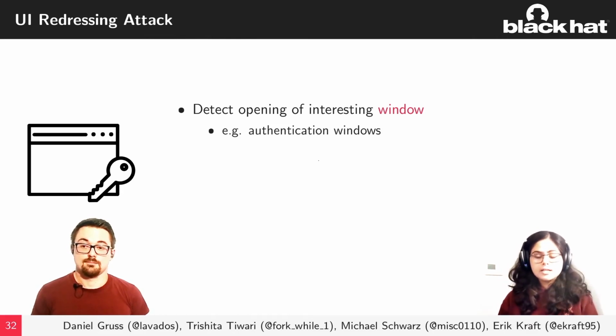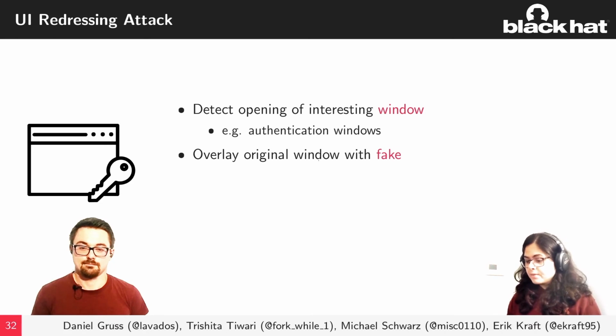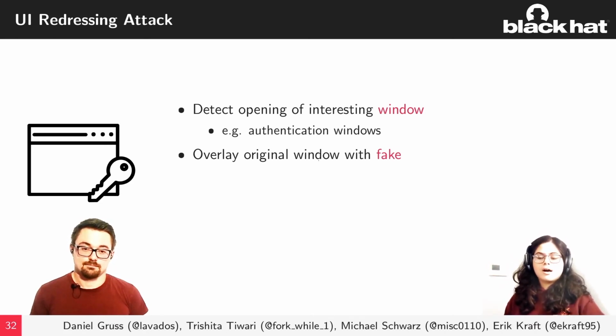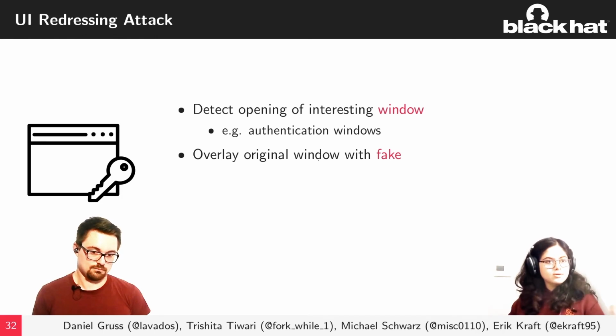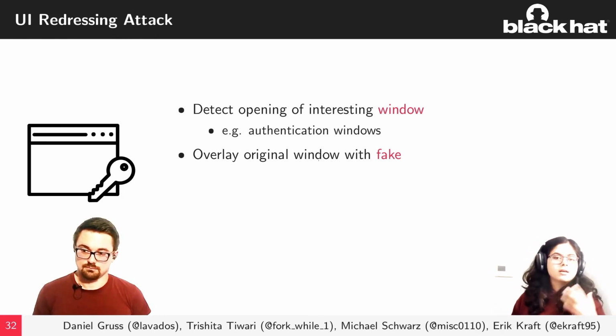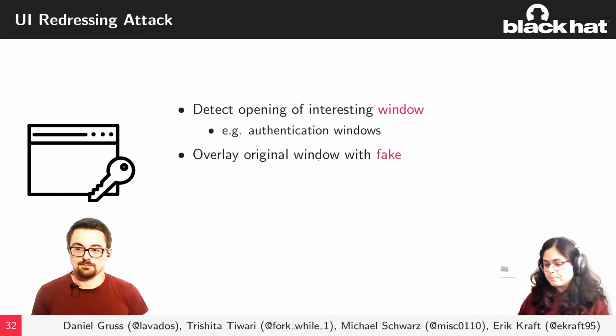Authentication windows are a very good example. As soon as you detect that the interesting window is opened, you overlay it with a fake window and trick the user into entering their information there, like a password entered into the fake authentication window.